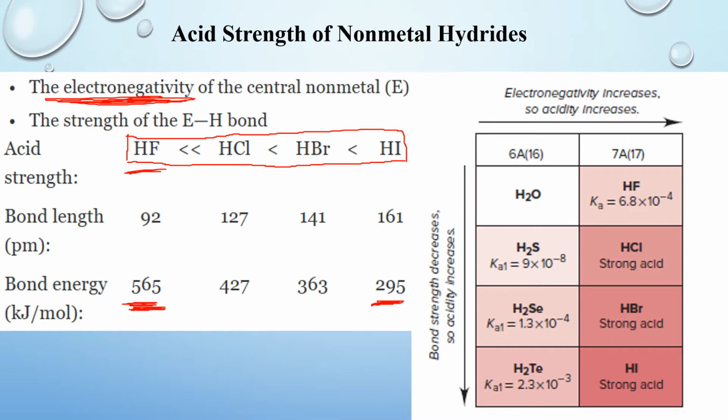It's going to generate a lot of protons, so that will make it a strong acid. So for the nonmetal hydrides, we can just look at the electronegativity of the nonmetals to compare their acid strengths. The higher the electronegativity, the weaker the acid.